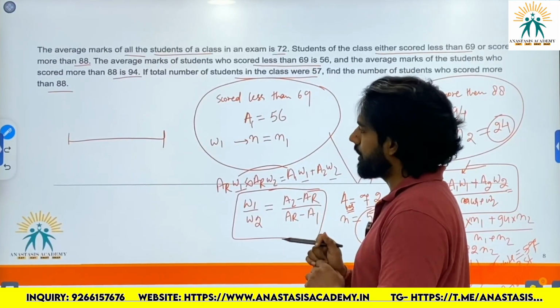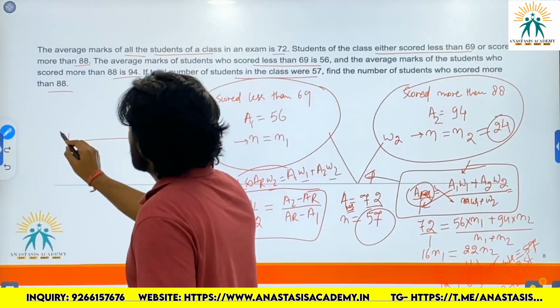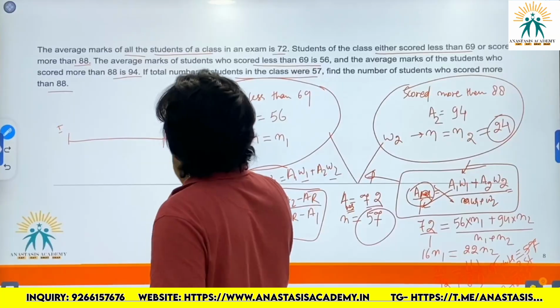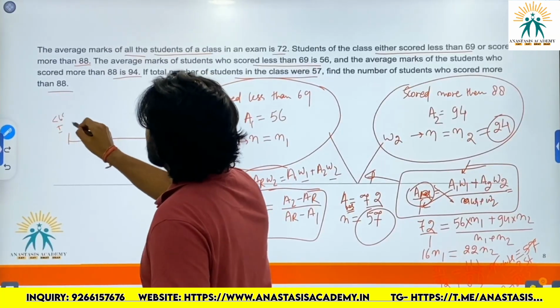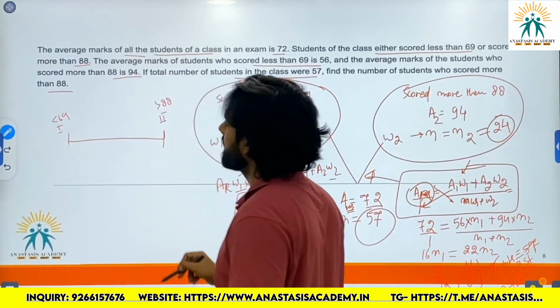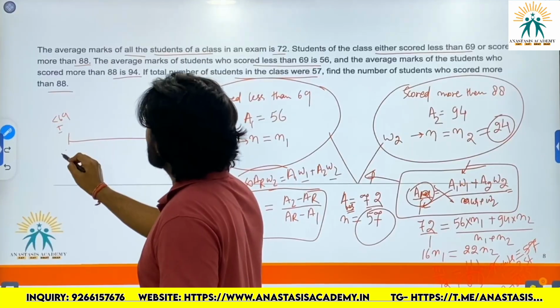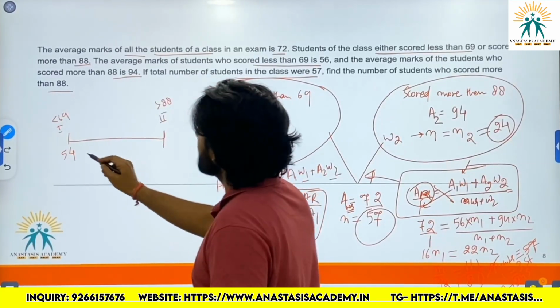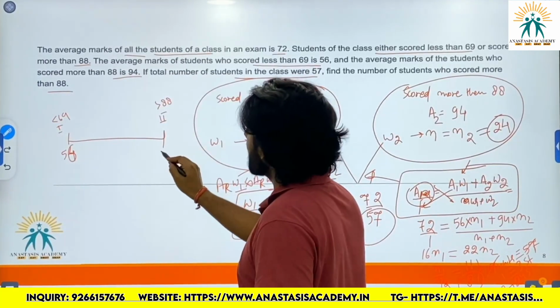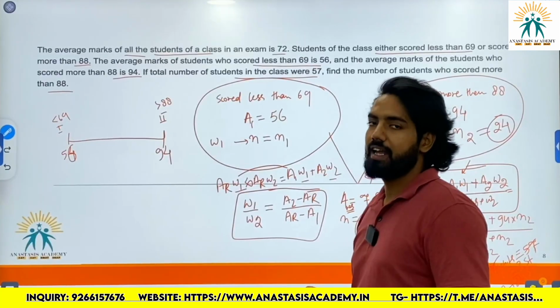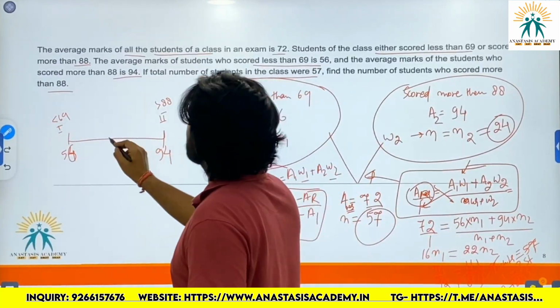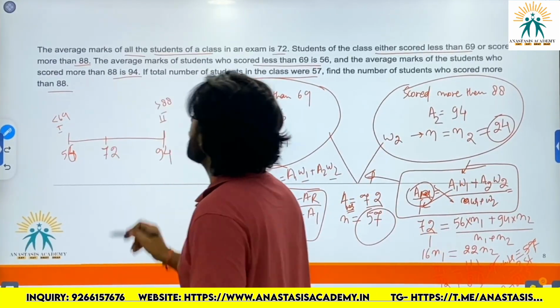I have two lots, lot 1 and lot 2, of students who scored less than 69 and who scored more than 88. The average of the first lot is 56 and the average of the second lot is 94, and the resultant average is 72.